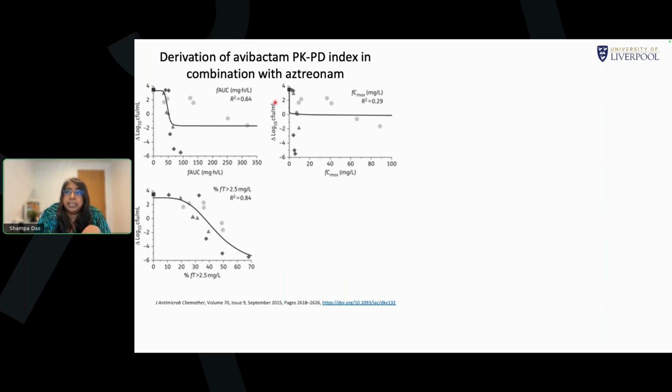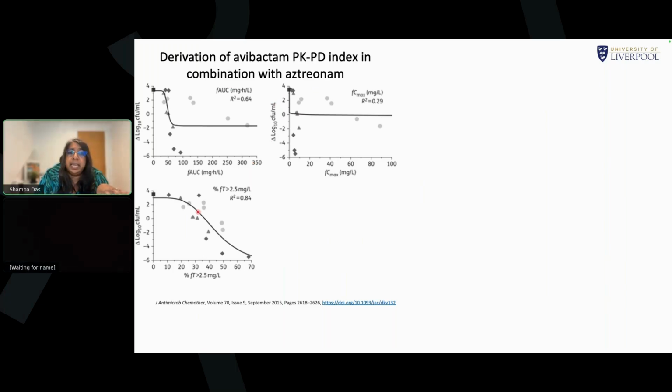So avibactam itself has no activity, and it's actually preventing enzymatic reduction of the activity of aztreonam. But using the hollow fiber system, it allowed us to really maintain the exposure of the aztreonam while varying the exposure of the avibactam to really understand that PK/PD relationship.